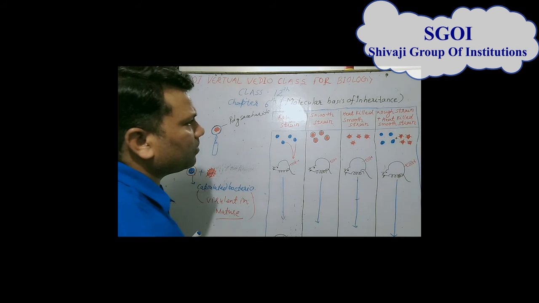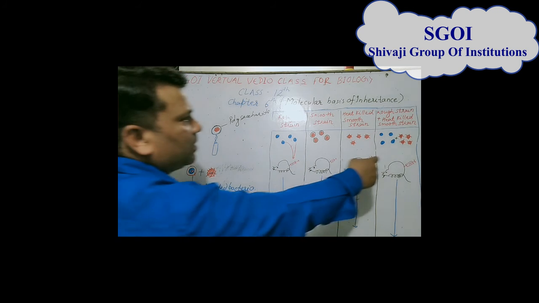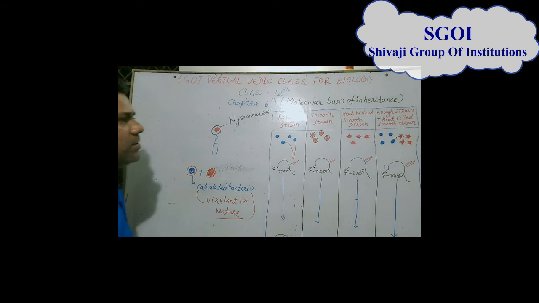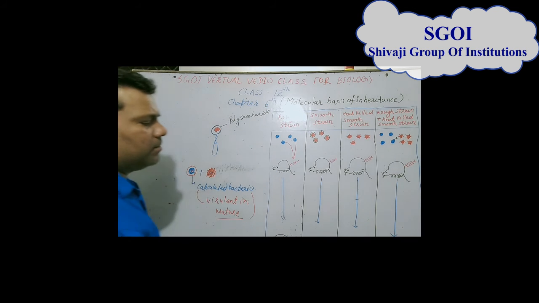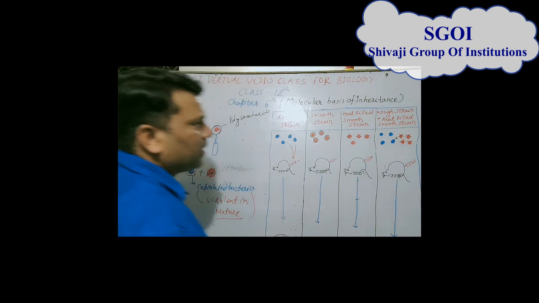Something passes from the heat killed smooth strain to the rough strain, and the rough strain becomes virulent. That's why the mice will die.